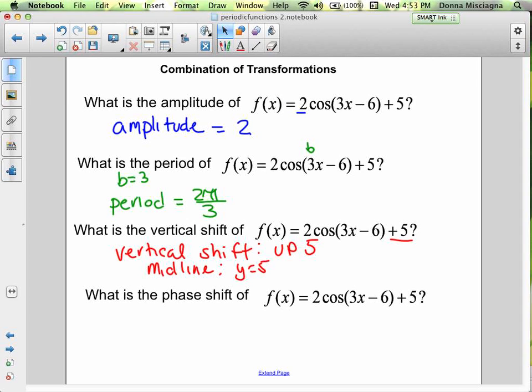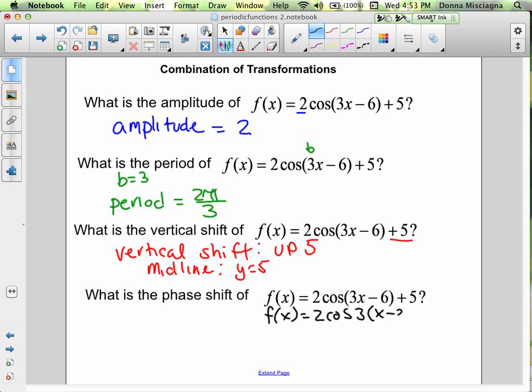All right, last, the phase shift. Before we can identify the phase shift, we do have to factor out b. I could have done it earlier, but I decided to wait until we got to the phase shift. So I'm going to factor out b, which is 3. And if I factor out the 3 and divide both of those by 3, I'm going to have x minus 2.